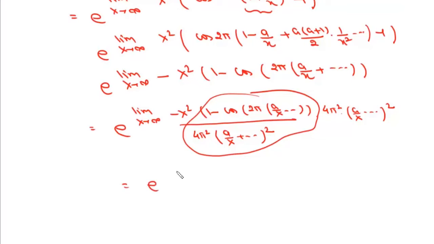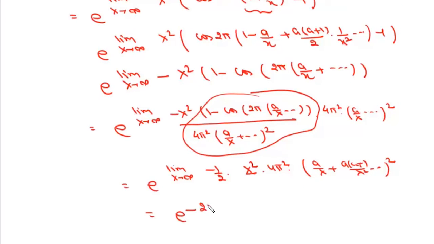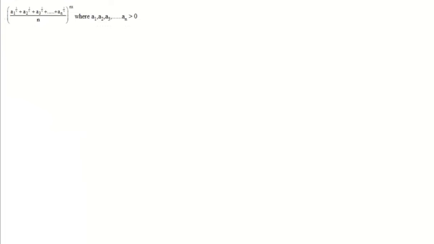So we can write this as e to the power limit x tends to infinity of −1/2 into x square into 4π square (a/x) whole square. Now we multiply this x square, we'll get a square. So it will be e to the power −2π square a square, and that is the answer to this limit.